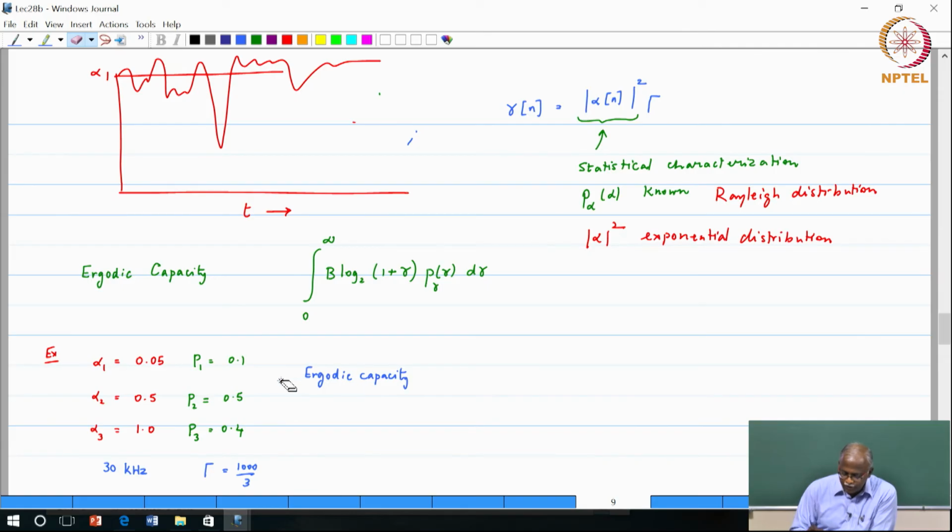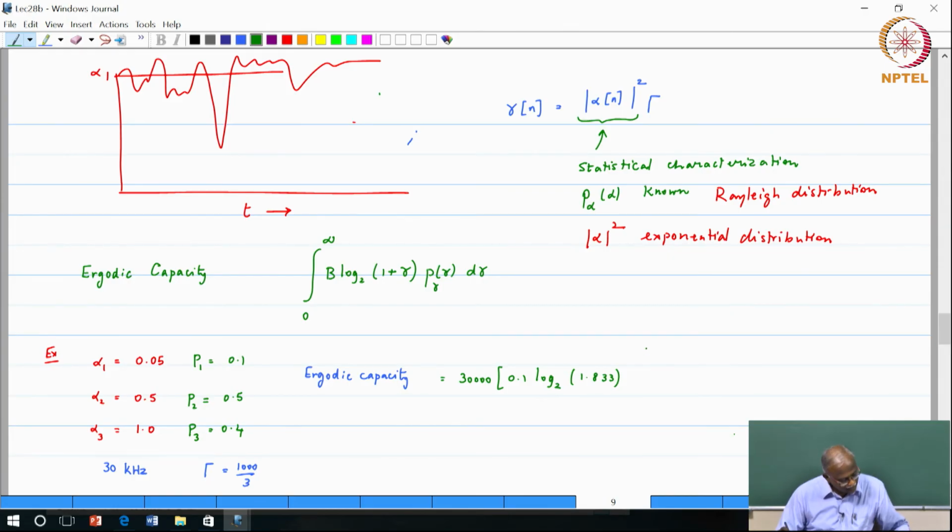What you would get is 3 terms. Let me write this down. Ergodic capacity will be 30 kilohertz, 30,000, into the probability that you get alpha 1, times logarithm base 2 of the magnitude of 0.05 whole squared into this gamma. I believe it comes out to be 1.833. Can you quickly verify? 1000 by 3, please verify.